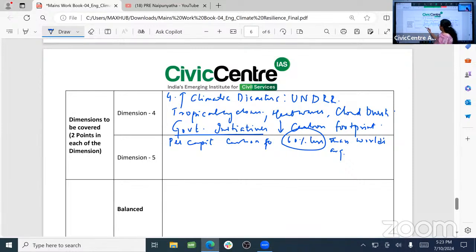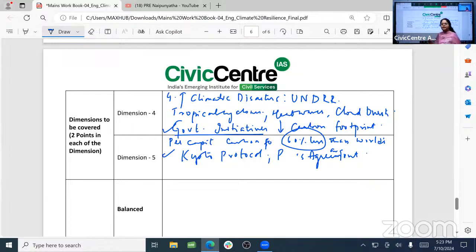Now, apart from this, we are a part of the Kyoto Protocol, whose aim is to reduce greenhouse gas emissions, right? We are part of the Paris Agreement, wherein the target is to limit the surface temperature rise to 1.5 to 2 degrees centigrade by the end of the century, that is 2100, right?